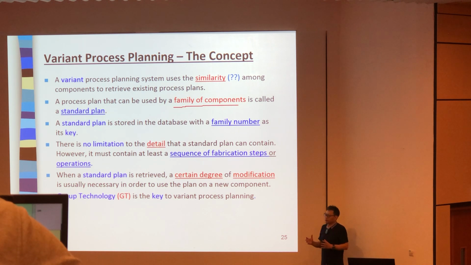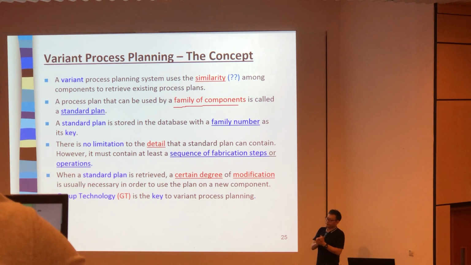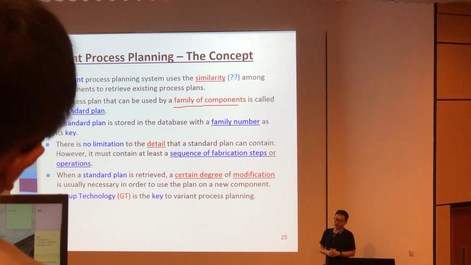And then we don't stop here. We know that one of the applications is to change machine layout, right? But the other application we could have is, for each part family, based on the process plans of its individual members, we can create a so-called master plan, or standard plan, we call it.